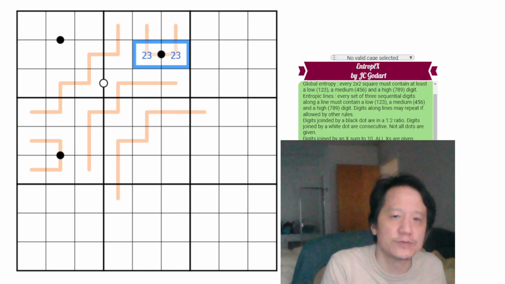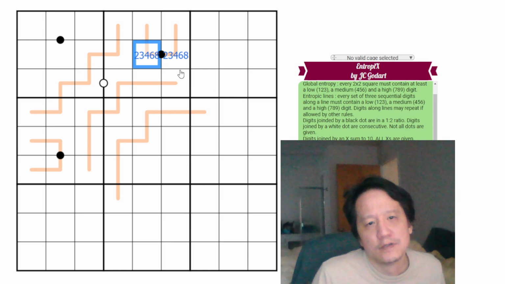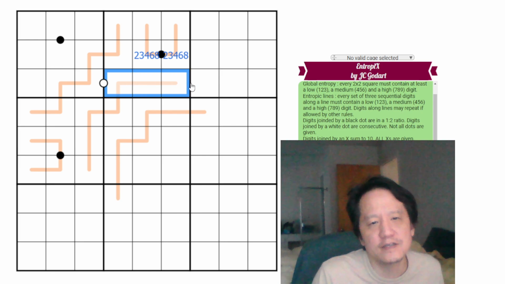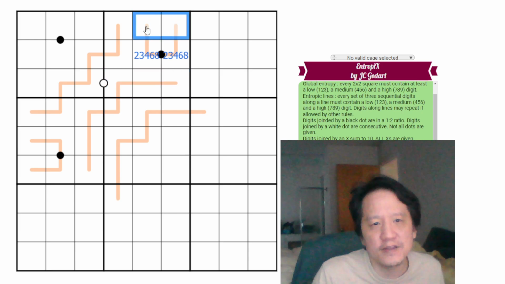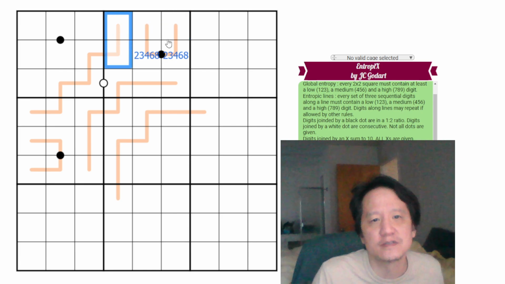So we have 2, 3, 4, 6, or 8. These are consecutive. Another thing is that these 3 have to be one set of low, medium, and high. These 2 have to be the same. So these 2 cannot be the same as this.